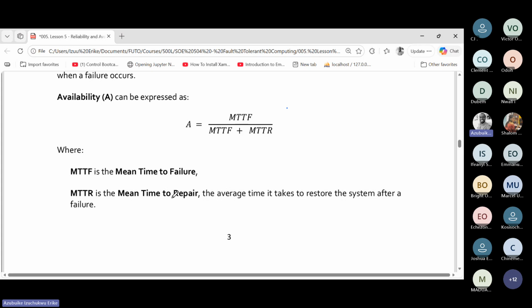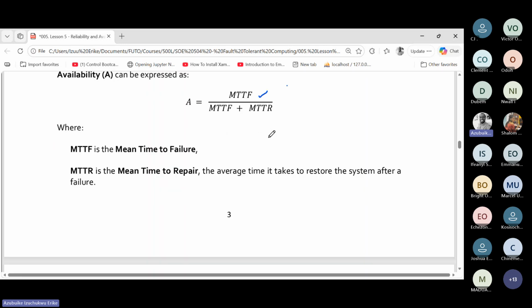When I was discussing in the beginning slides, I told you that availability talks about the time to failure as well as the time to repair. So we will now see the two components here. Availability equals the mean time to failure over the summation of the mean time to failure plus the mean time to repair, the time it takes to repair.